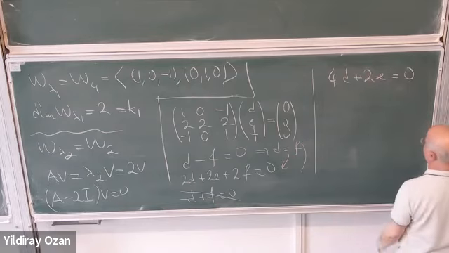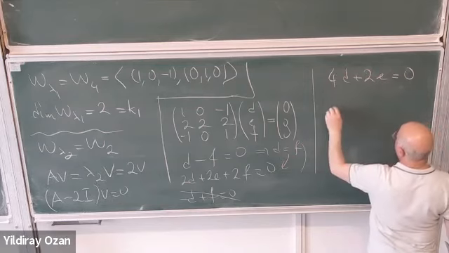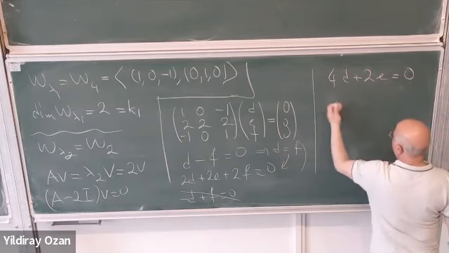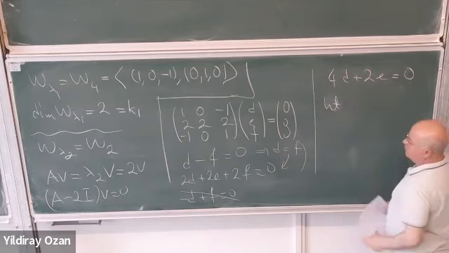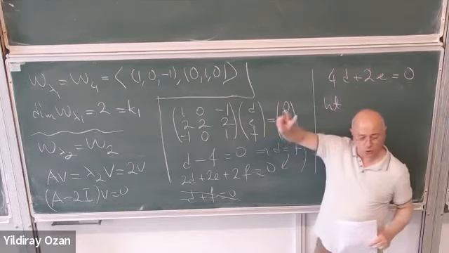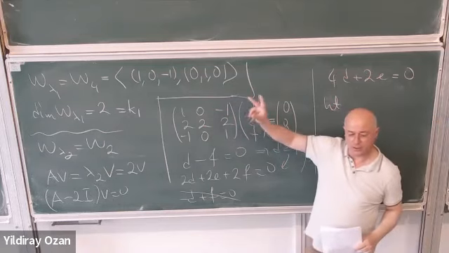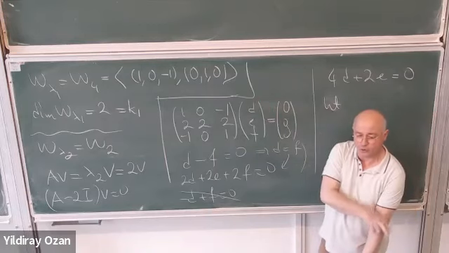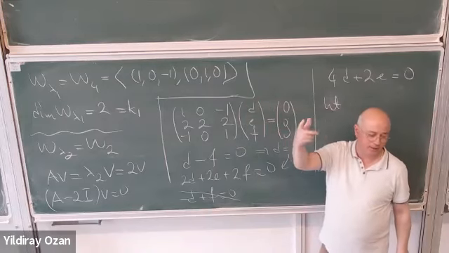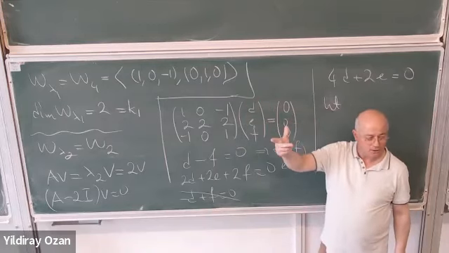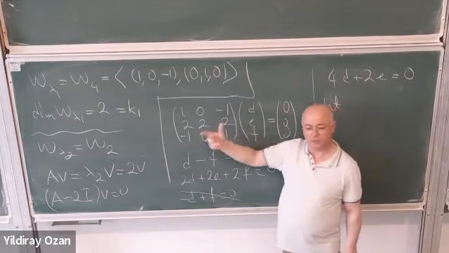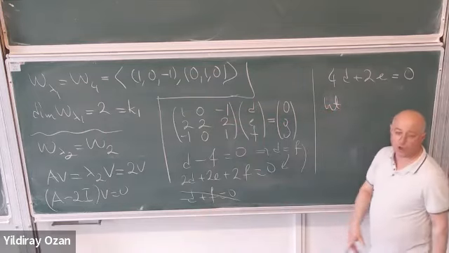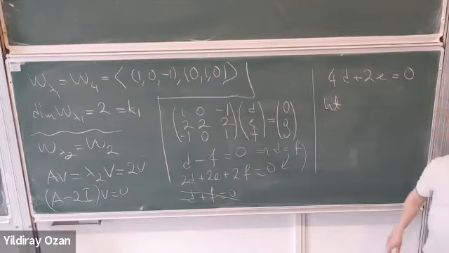So let D equal 1. So this is rank 2, right? It has two linearly independent rows. It has rank 2. Therefore, solution space has dimension 1. 3 minus the rank, which is 1. So I'll get only one eigenvector.